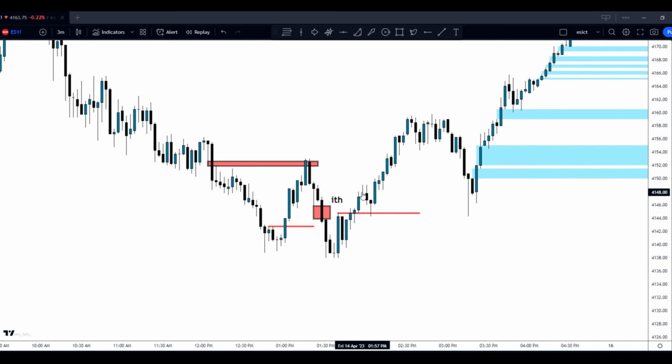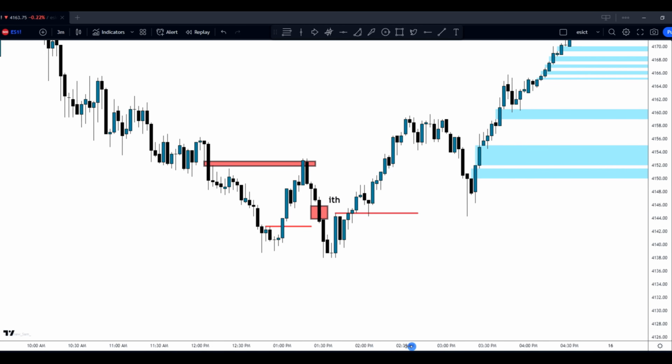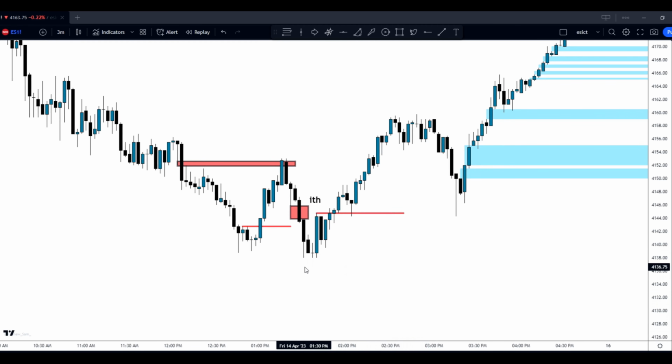Once you see this broken, you're safe to take the next fair value gap that forms, like ICT teaches in his 2022 mentorship model. There's a bullish fair value gap that formed there. You'd be safe to take this fair value gap trade, and then you can put your stop below the intermediate term low there. And in futures, this is a lot of money. I would definitely be selling into strength here.